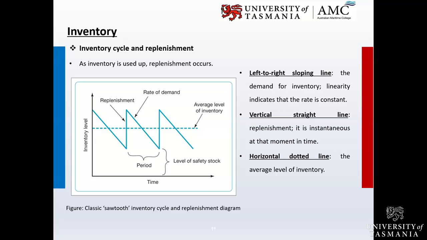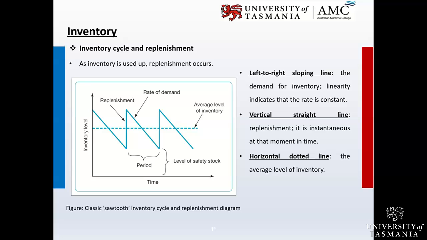The third is the horizontal dotted line. It shows the average level of inventory. Also, the horizontal axis shows the time, and the vertical axis shows the inventory level.